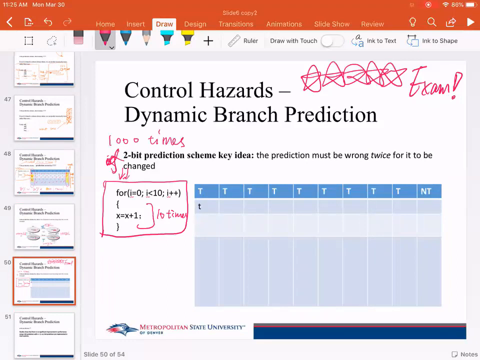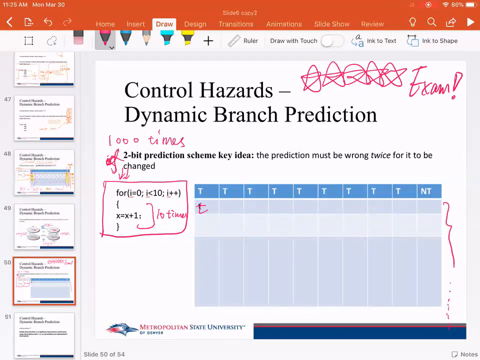So the very first time I execute this piece of program, suppose we start with T, so that's how the buffer was initialized. It doesn't really matter, the first initialization, okay? Even the first row really doesn't matter because you might have many rows.